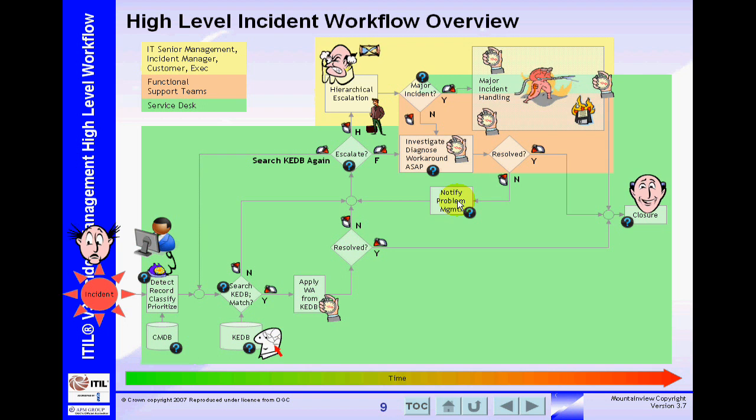One of the things that we can do is notify problem management. But note that we are not performing the activities within problem management. Those activities include getting to the root cause, finding out why an incident occurred, which is not a part of the incident management process.